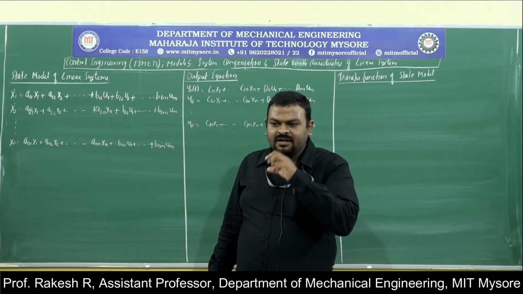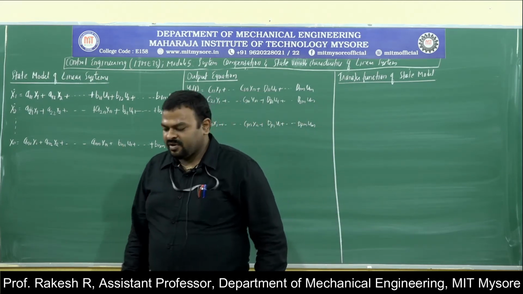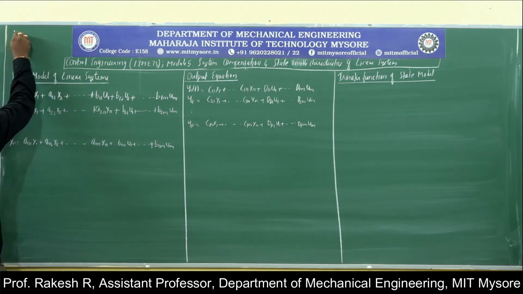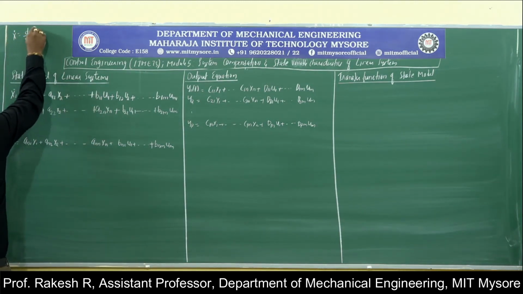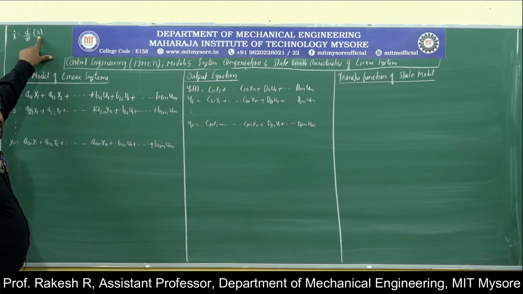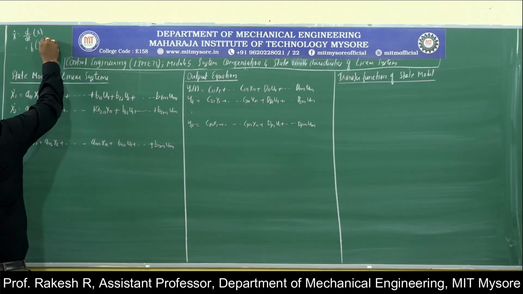Usually, initially the conditions will be in the form of a differential equation. So if I consider x dot, it will be equal to d by dt of x. If I represent this d by dt, it is in differential equation form. It might be a function of x and t.